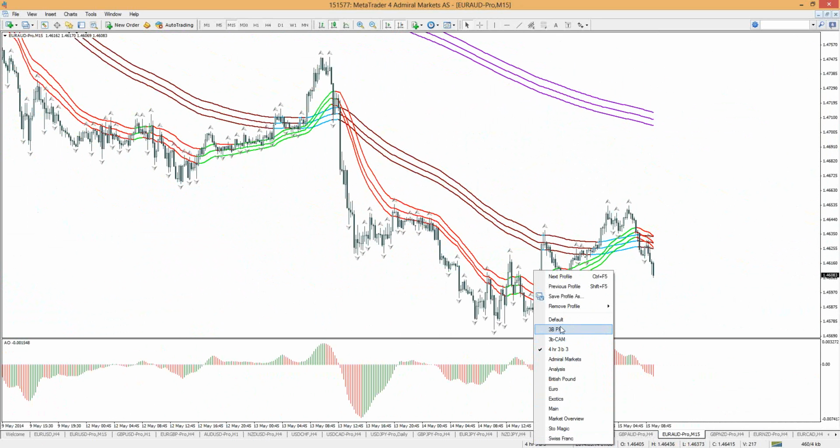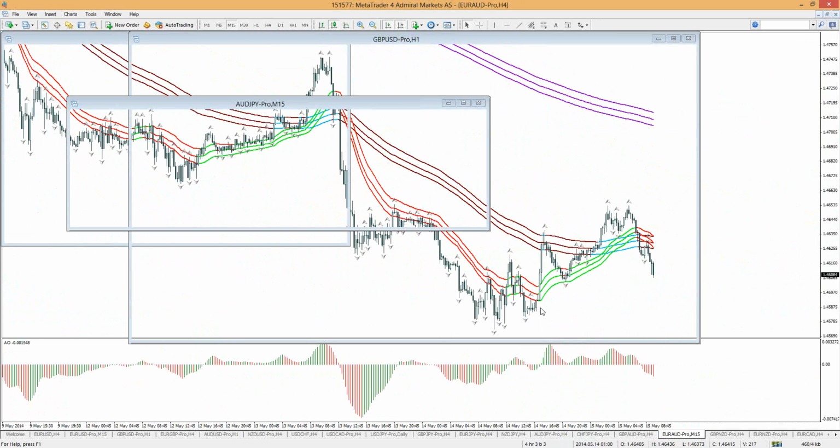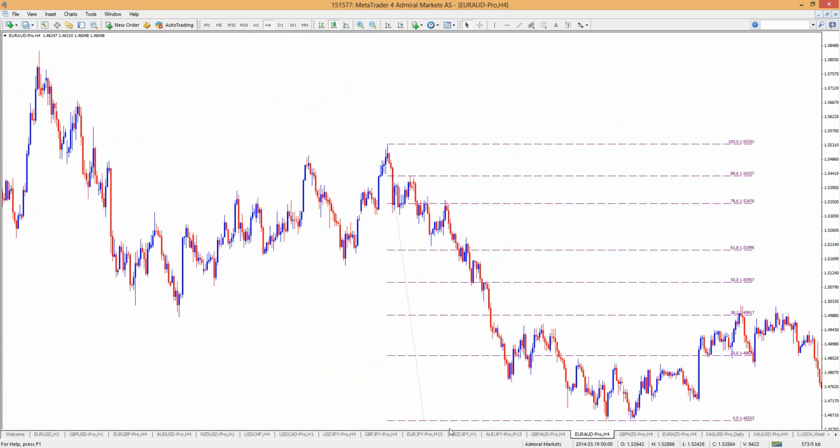Let me use the cleaner template so we can put fibs on, and the fibs are more visible. Let me see. Yeah, I'll show you in a second, Kaylin. One second.